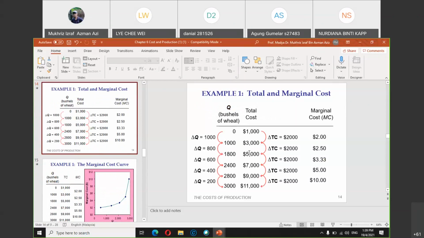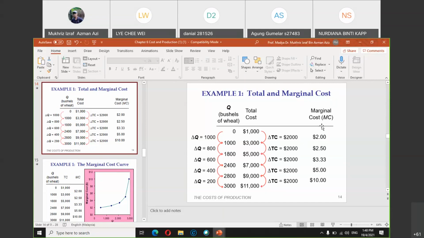For the next one, we can see that the change in total cost is constant at 2,000, while the change in output changes. For example, here the change is 800, and between these two, the change becomes 600. So according to the formula, MC is calculated as change in TC divided by change in Q. So 2,000 divided by 800, you get 2.5. And the rest follows.